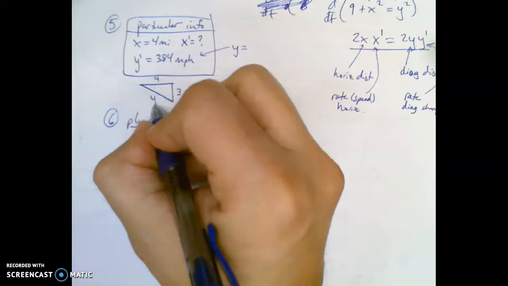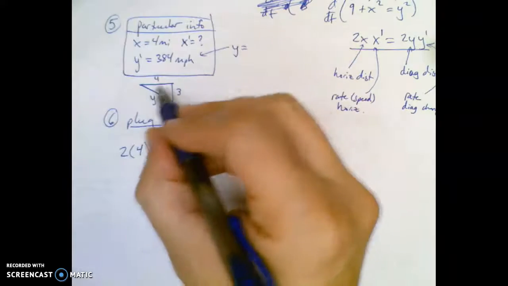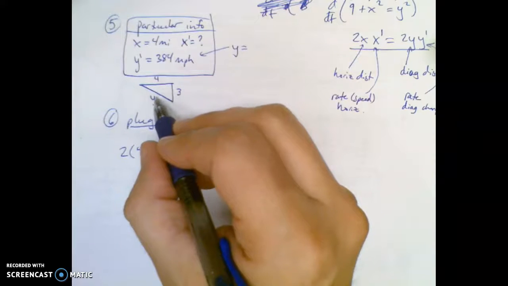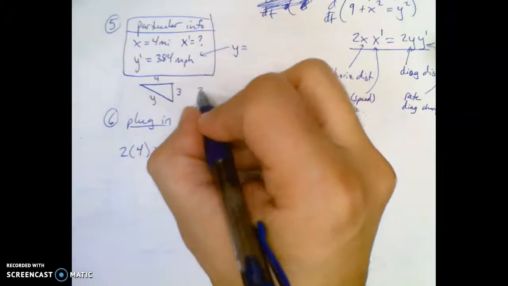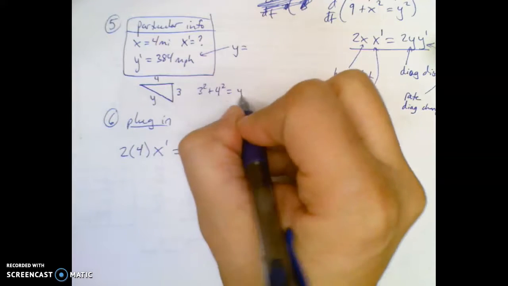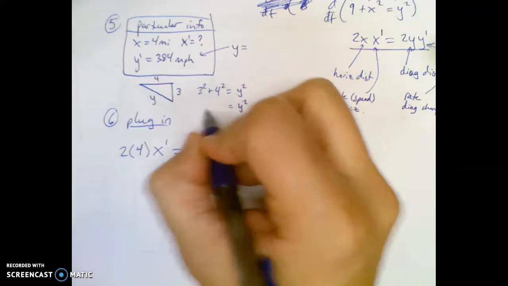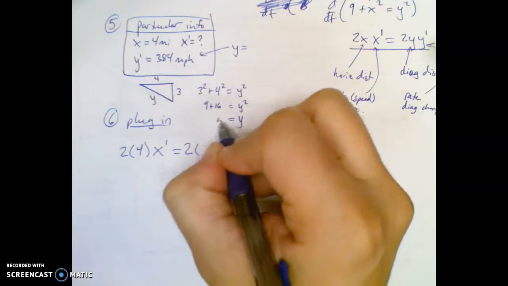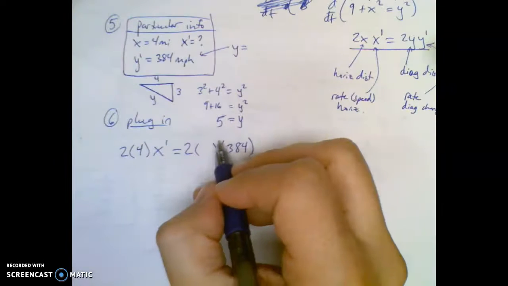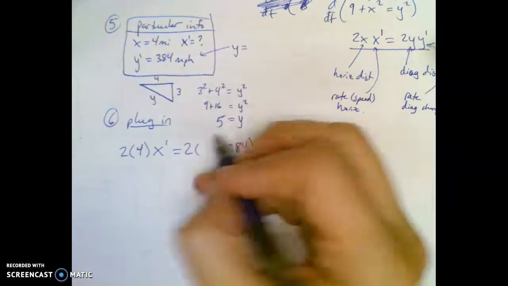So you can do a little Pythagorean theorem at that particular time and find out what y is. Not forever, but what y is right then. So you go 3 squared plus 4 squared equals y squared. Or you know your Pythagorean triples and you could have gotten this answer. Y is 5, because you're going to square root 25. Okay, so it's a 3, 4, 5 triangle.